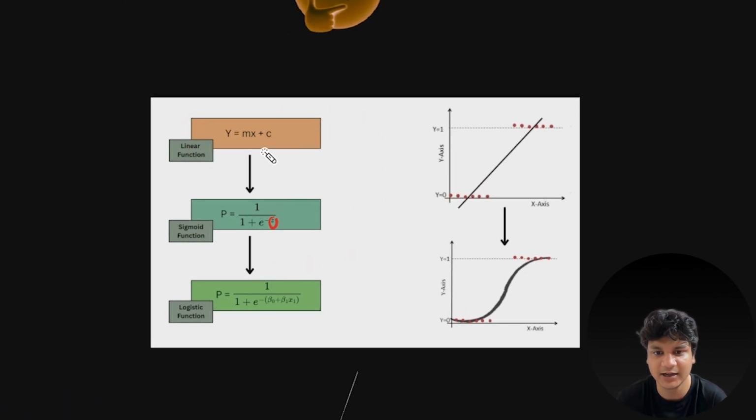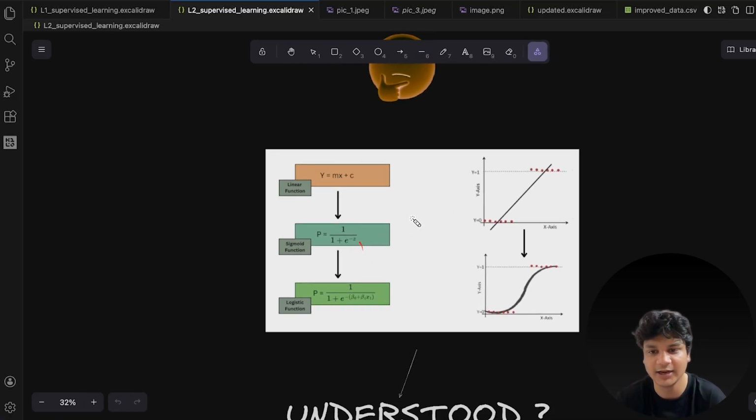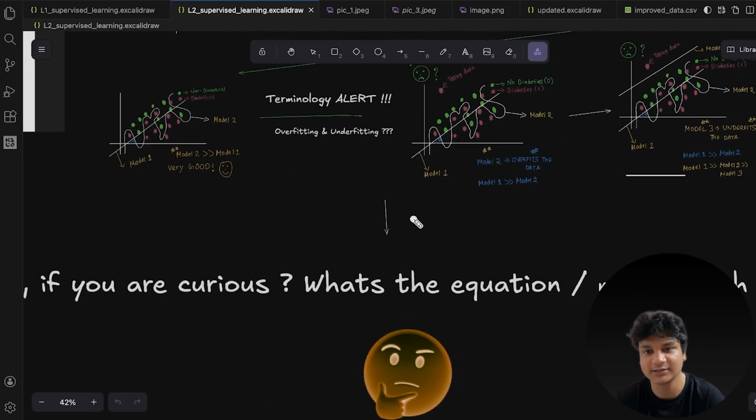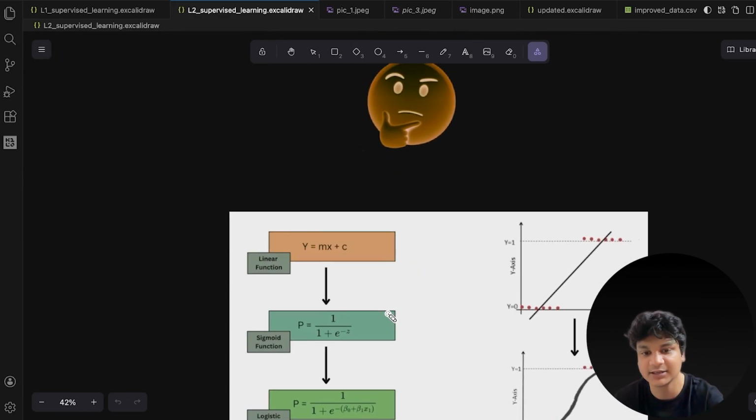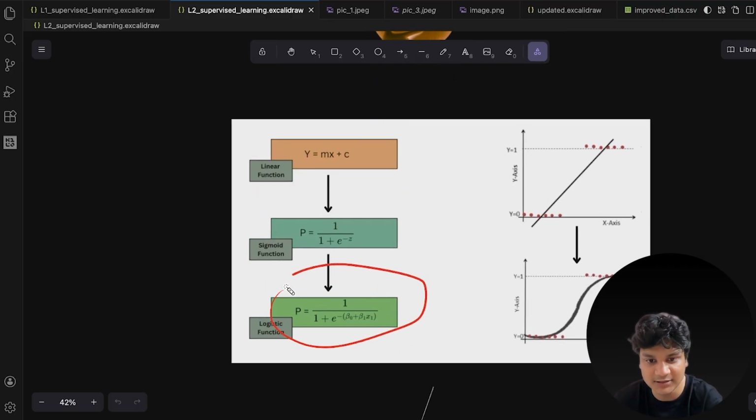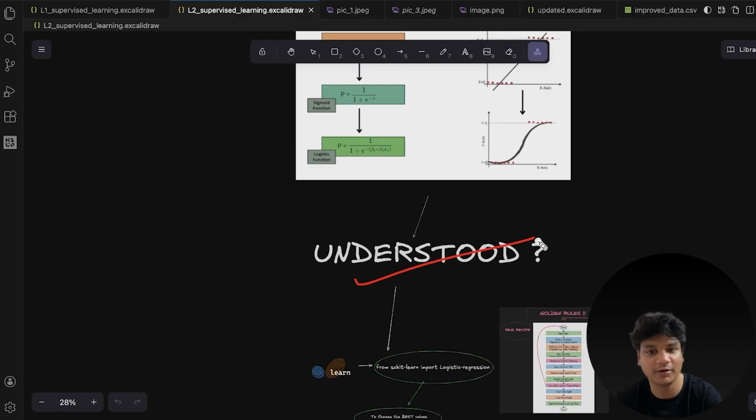So in place of z, I am putting this equation so that it does all these magics. As simple as that. In linear regression we were using the equation y = mx + c, which is a single line equation. In logistic classification we use this equation, simple. I hope you have understood, right?